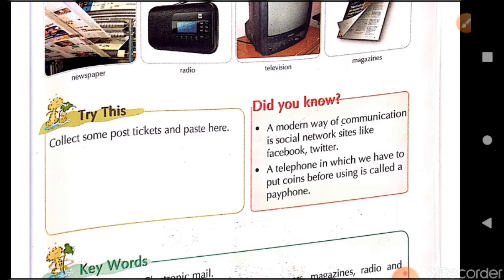On Facebook people express something, they write something, many people can see them. So a modern way of communication is social networking sites. Facebook and Twitter are the most common social networking sites. Apart from them, Instagram is there, maybe a lot more are there, but these are very common with everyone.